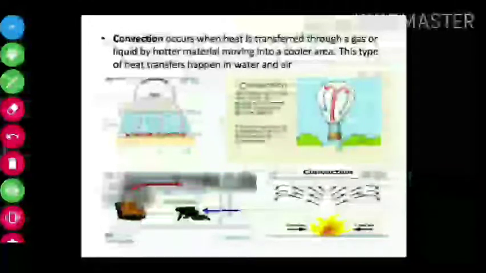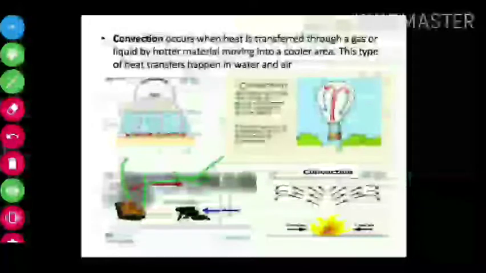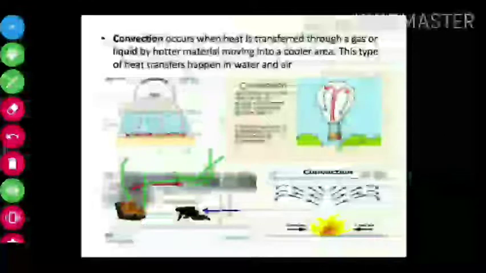So look at here, the convection is happening when something is burning in some room. Then the air which has smoke, that smoke will go up. So it is advised to keep yourself down during the fire.